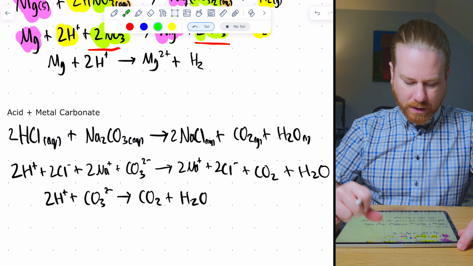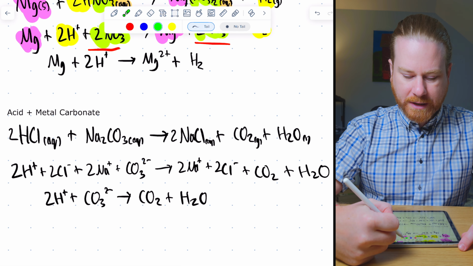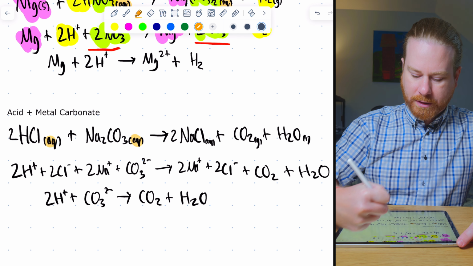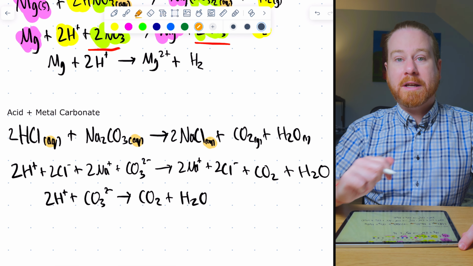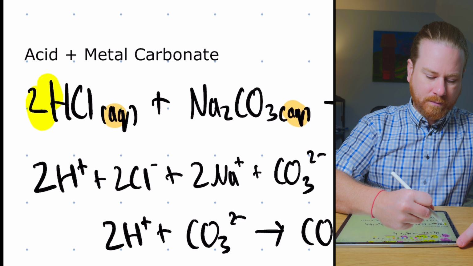Okay, so on to our last one. A metal with a metal carbonate. Again, we are just looking at what is aqueous, and it's only the aqueous things that are splitting up into the ions.